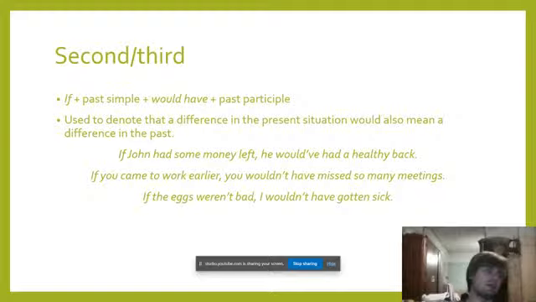And a simpler example, moving toward the end of the day: if the eggs weren't bad, I wouldn't have gotten sick. So this means the speaker ate some eggs. They didn't know they were bad eggs, for whatever reason. The speaker ate bad eggs, but if those were good eggs, they wouldn't have gotten sick.